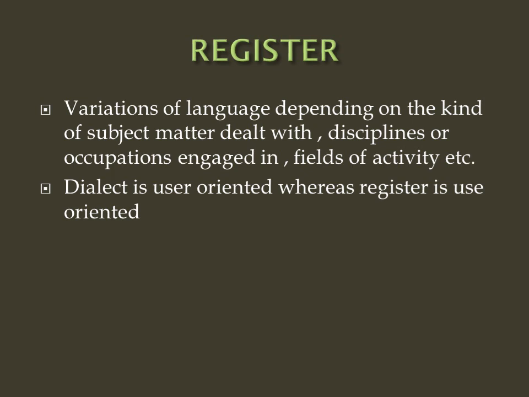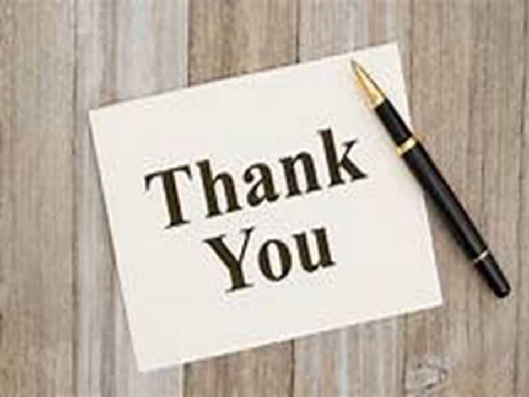So in this video we discussed synchronic study. Synchronic is the study of language at a particular point of time. Diachronic is the study of language over a period of time. Dialect, which involves regional dialect or social dialect, is the way in which a particular group of individuals use a language.